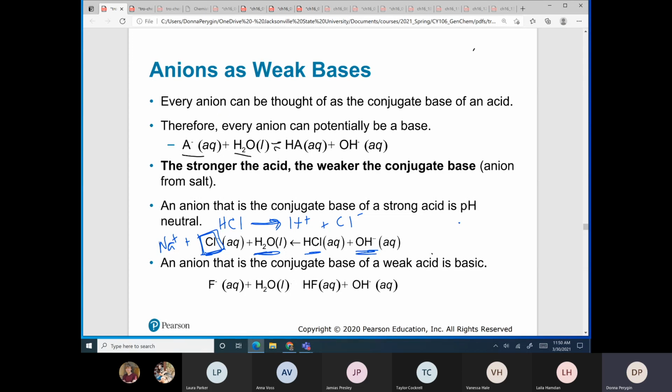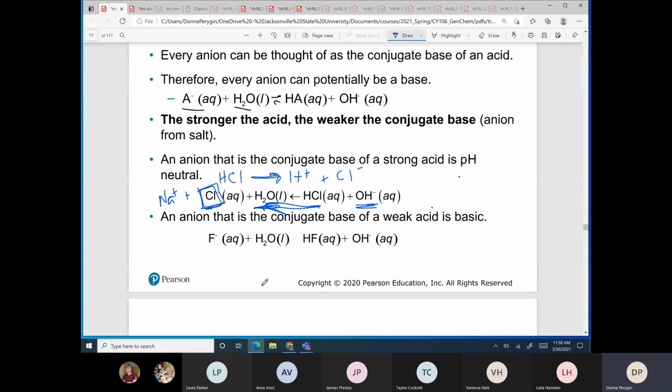That's just not going to happen, because for HCl, this reaction is essentially only toward dissociation. So the anions of strong acids, the conjugate bases of strong acids, are going to be pH neutral. So if you put sodium chloride into water, you're going to get a pH neutral solution, okay?